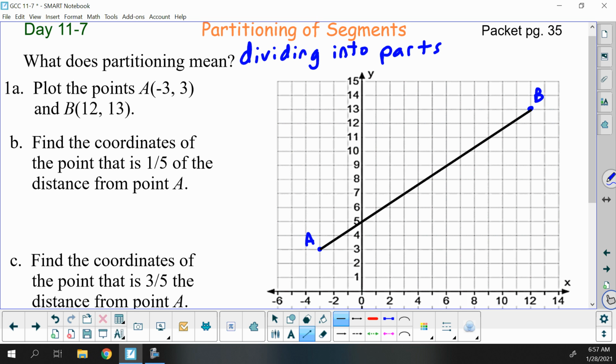So we want to now find the coordinates that's 1/5 of the distance from A. So the thing you'll always want to focus on is the fraction and from which point. So we're going to go 1/5 from A.